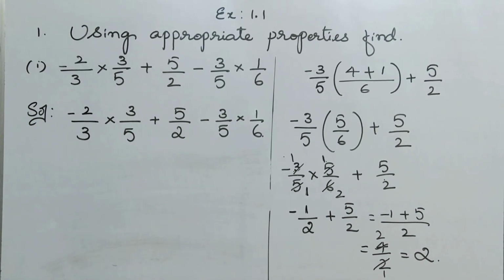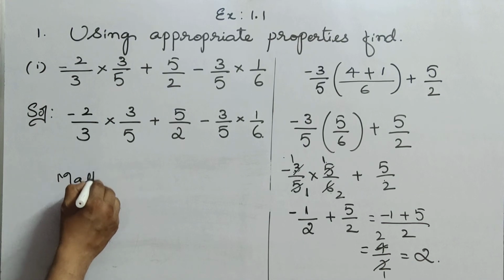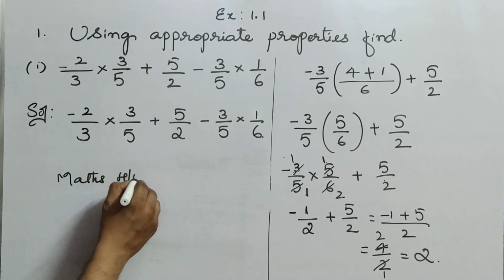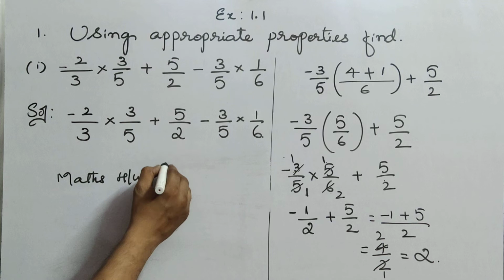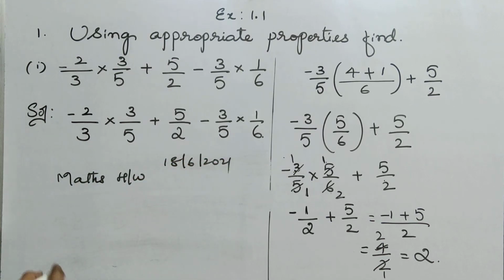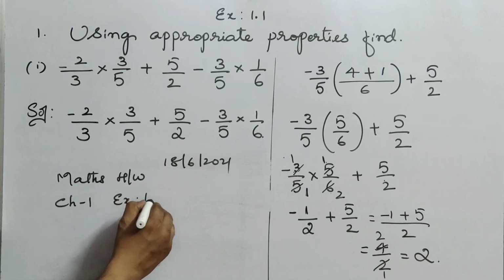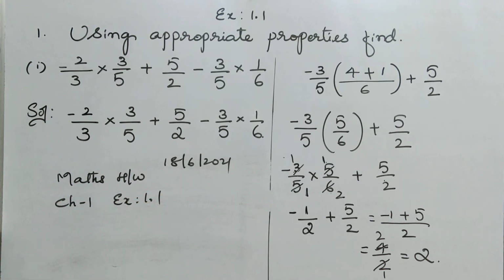Open your diary and note down here: maths homework, date. Okay. Now, chapter 1, exercise 1.1, first Roman, second sum.